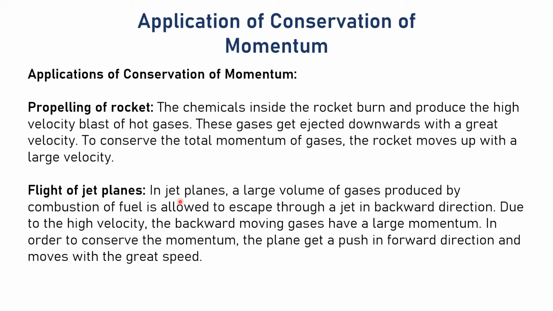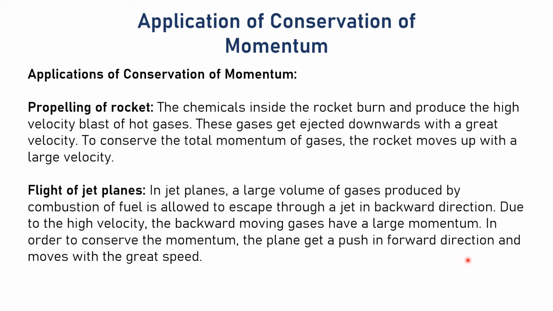Okay, so let's take another example, the flight of jet planes. A large volume of gas produced by the combustion of fuel is allowed to escape through a jet in a backward direction. So this gas is moving in a backward direction, right? There is a great momentum produced because of the great velocity.